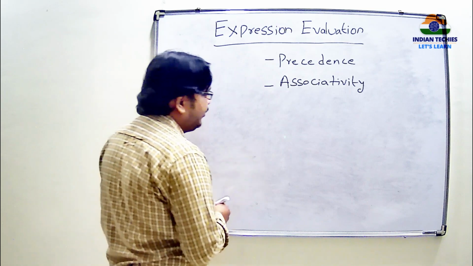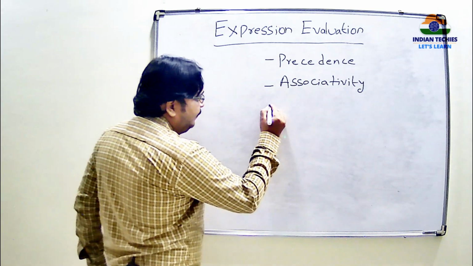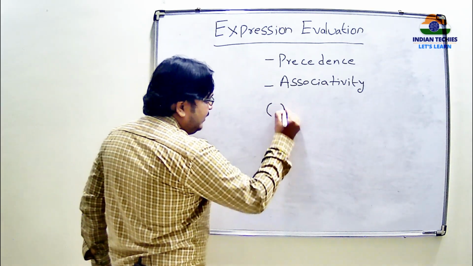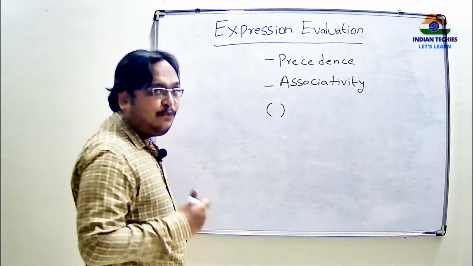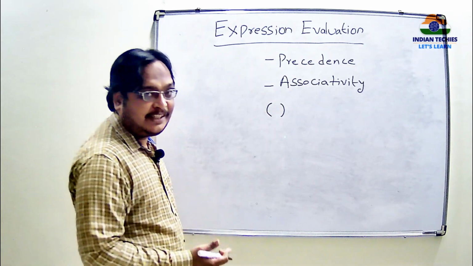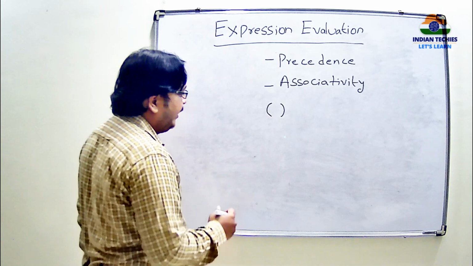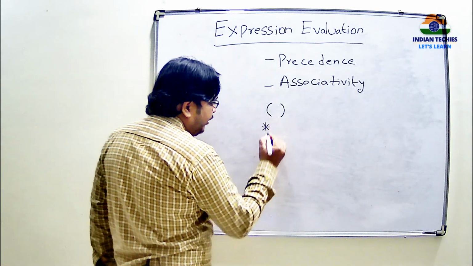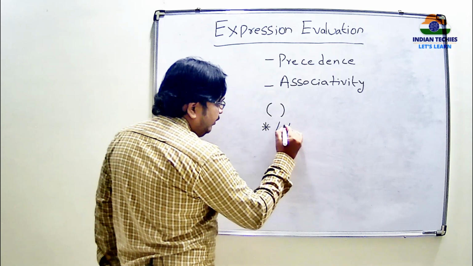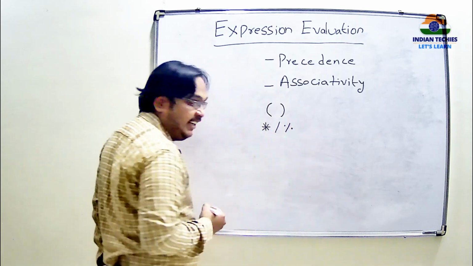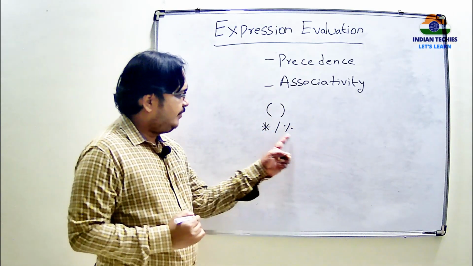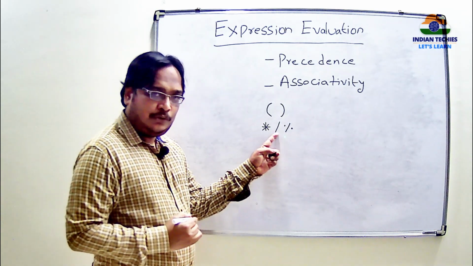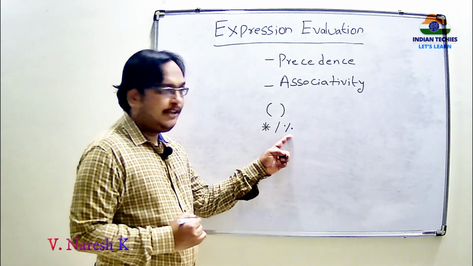In any equation, first of all, brackets will have the first priority, first precedence. After the brackets, you have multiplication, division and modulo operator. Division gives the quotient as the result, mod gives the remainder as the result.